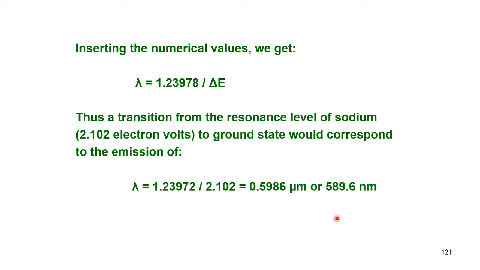A transition from the resonance level of sodium, which occurs at 2.102 electron volts, to the ground state would correspond to the emission of 1.23972 divided by 2.102, that corresponds to 0.5986 micrometer or 589.6 nanometers. I have given you the conversion of micrometer, nanometer, etc. in a table in the earlier classes, so there should not be any confusion with respect to this.